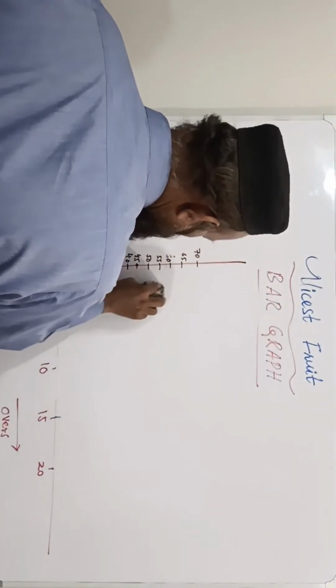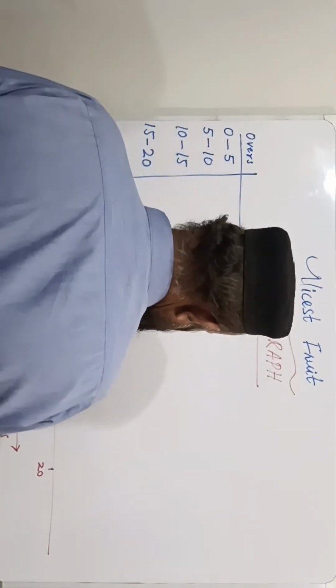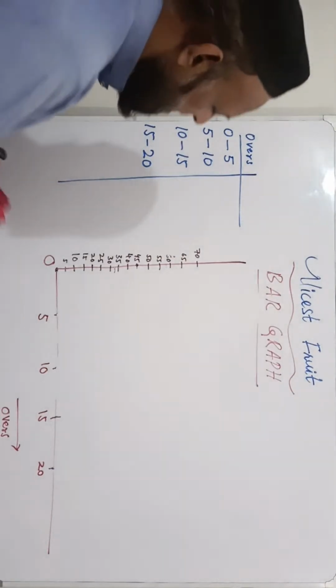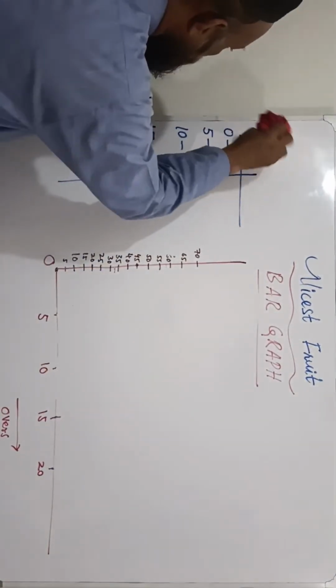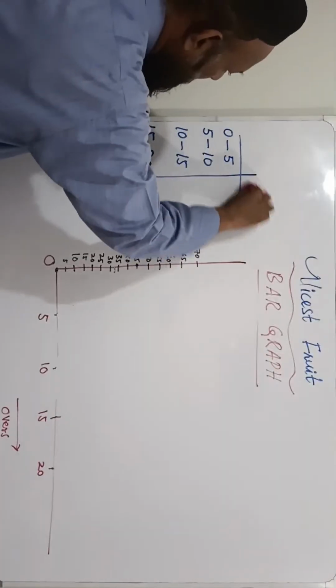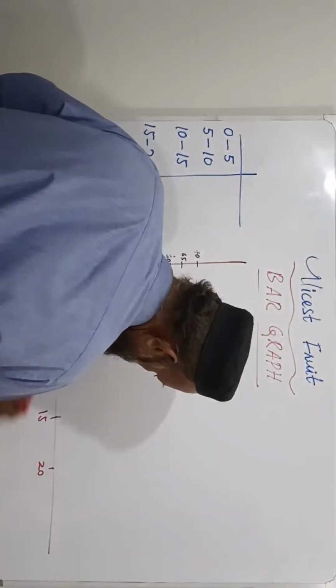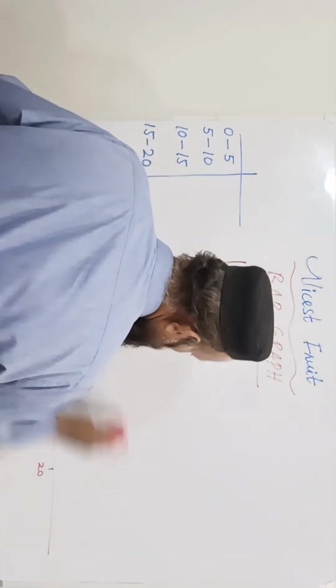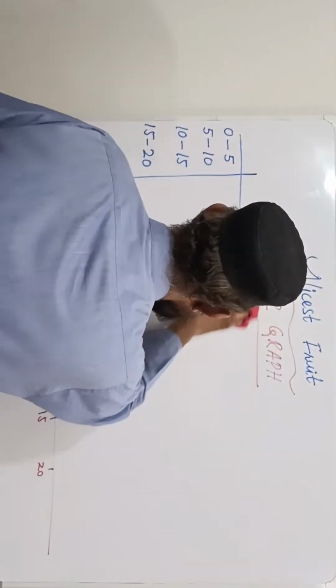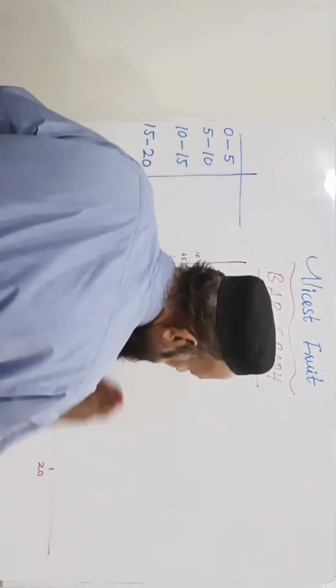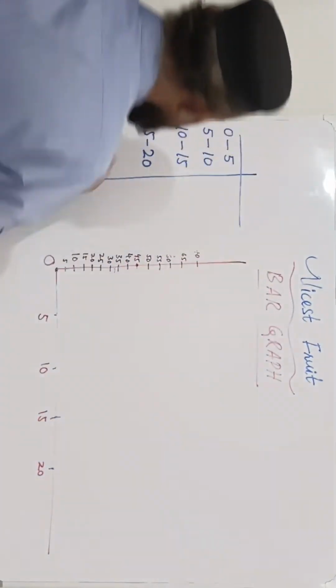That is, how many have secured A grade, how many have A plus, how many have B grade, C grade and D grade. It is easy, you can make it by yourself. Whatever data has been given to you, you can find out very easily.